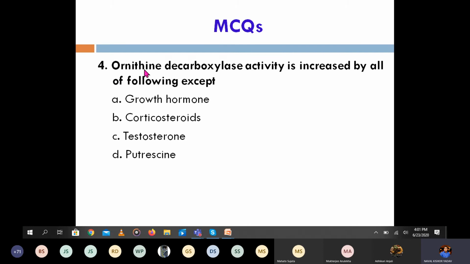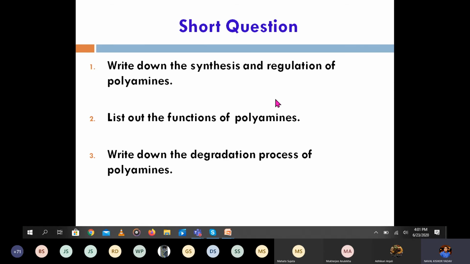So this can be used as an anti-cancer drug. This DFMO is also used to cure certain protozoal and parasitic infections. A few protozoal and parasitic infections can be cured by difluoromethylornithine.